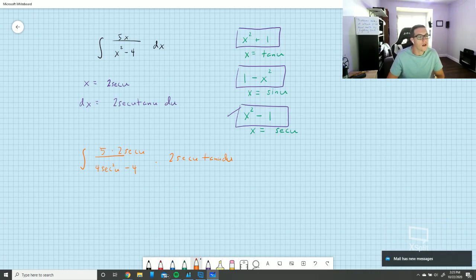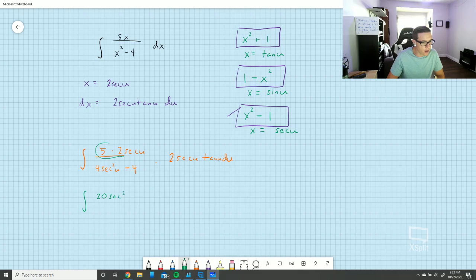Okay, so I've done all of tangent u. Gosh. All right, so let's do a couple things. Let's put these 5 times 2 times 2 together in the top, so 20. I have a secant squared u in the top, and I have a tangent u in the top, du. And the bottom, I'm going to factor the 4 out to get secant squared u minus 1.